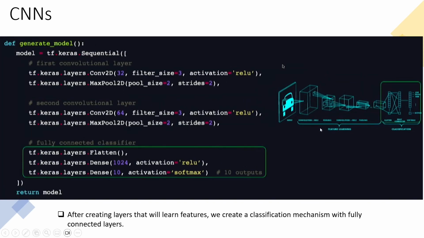And in order to make classification with this network, now we have actually refined all the features. We started with the image, we created 32 filters from this image, and then we refined these 32 filters by reducing their dimensions with max pooling, and then we applied another convolution operation to create 64 filters from this tensor, and then we reduce the dimension of this tensor with max pooling to this.